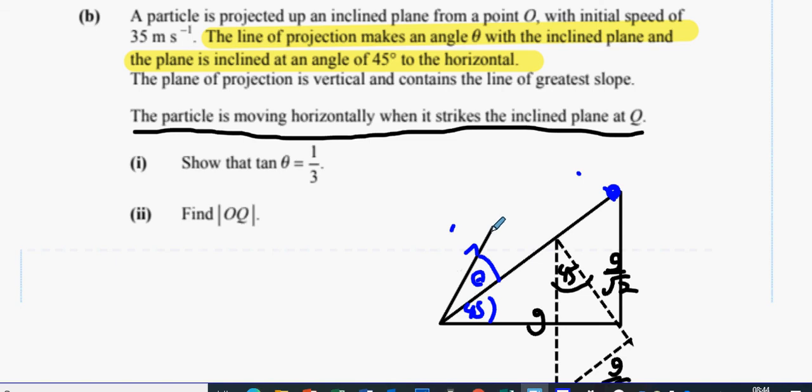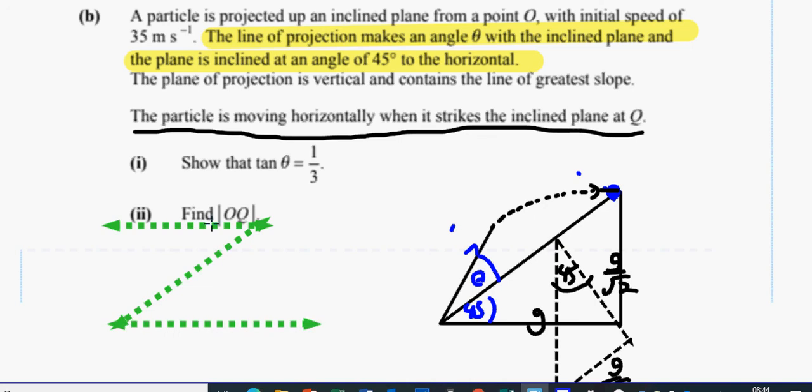What does it mean it's moving horizontally when it strikes the plane? What's that mean? Not theta. The landing angle. It's an alternate angle. So what you're doing is you're sort of looking for a Z. That's what I mean by Z, something like this. Two interior angles are the same.